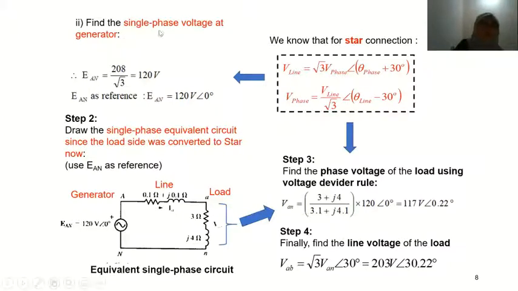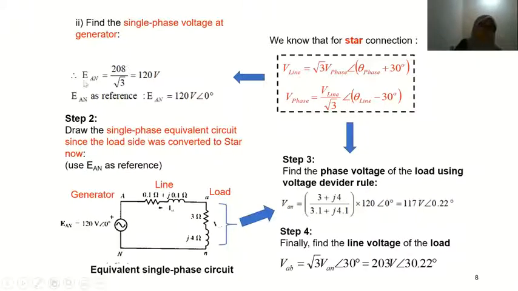Next, find the single phase at the generator. We know that your generator is in star connection and the line voltage is 208.